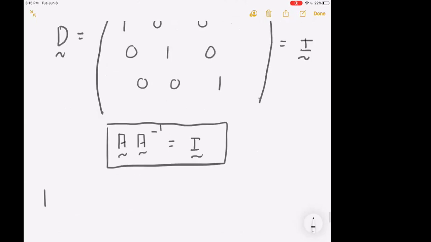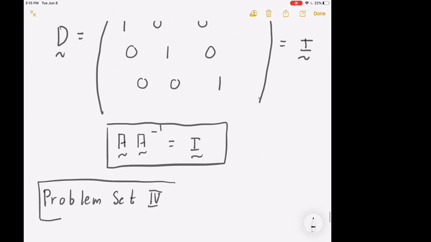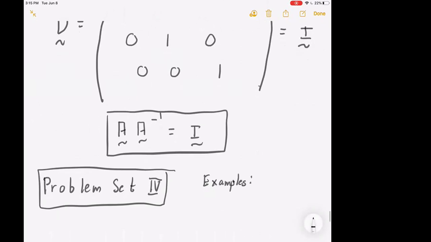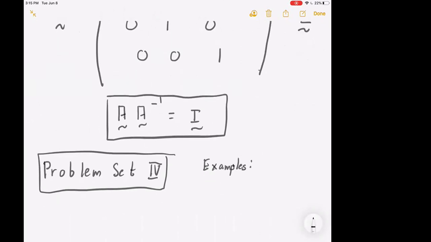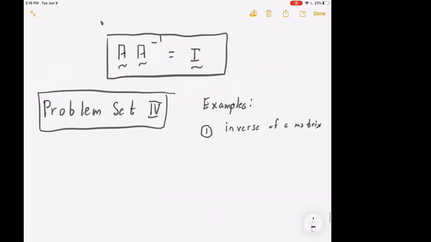Okay, so in problem set 4, which is online, it's available, you will have lots of examples and practice in taking the inverse of a matrix, using the prescription we spelled out for 2 examples in today's lecture.